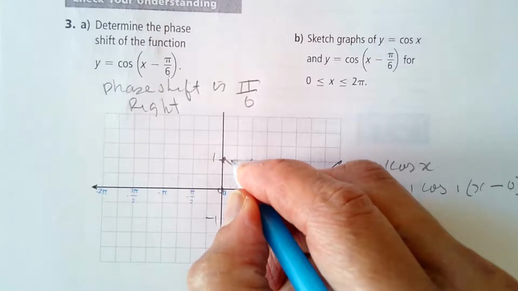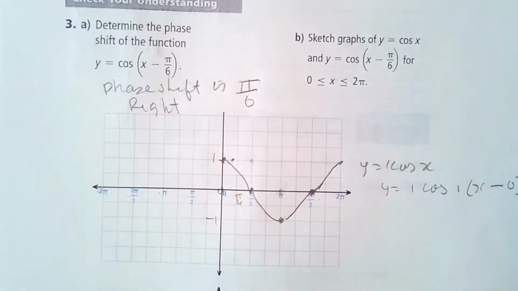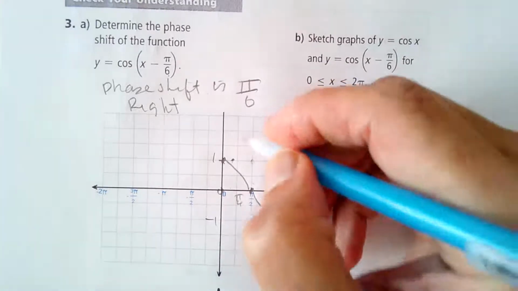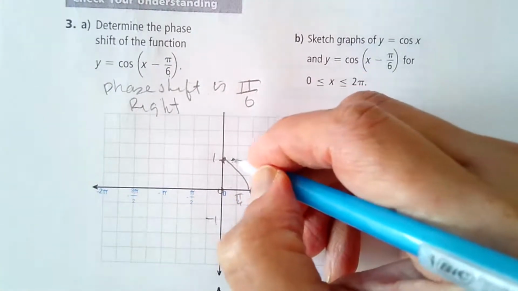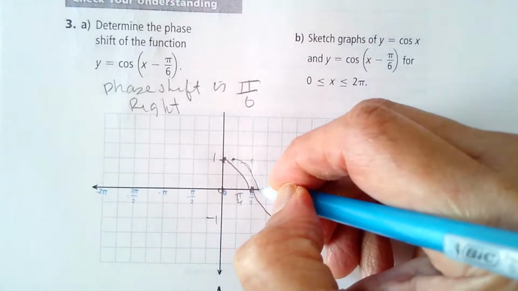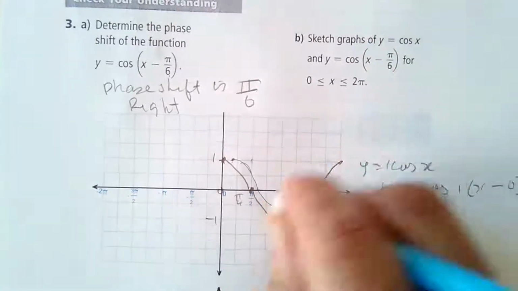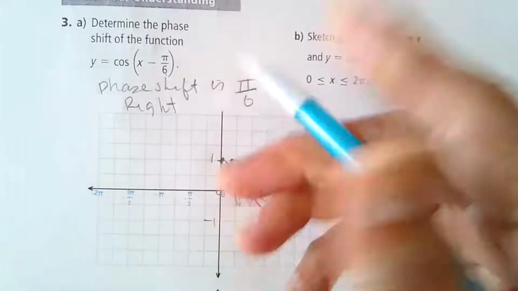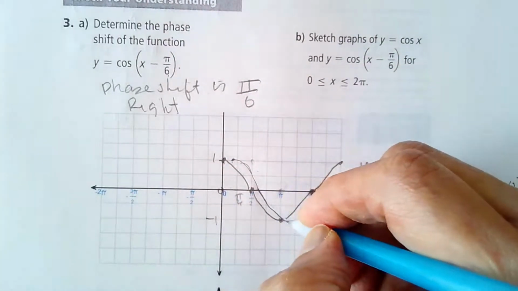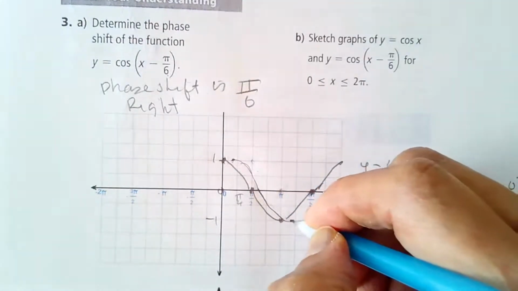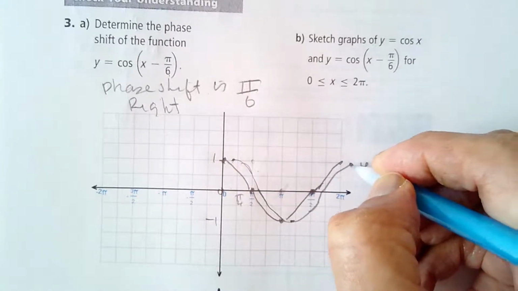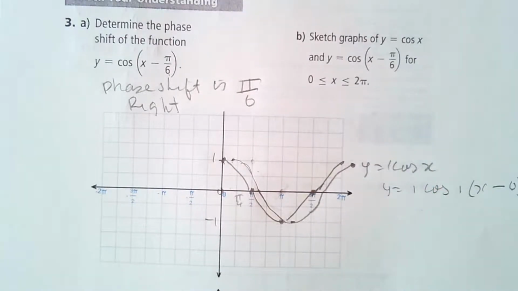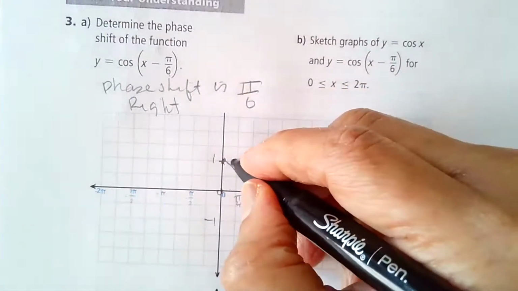So it's shifting to the right, and everything shifts pi over 6. This is a sketch of the shift of the graph. It's shifting pi over 6 units to the right.